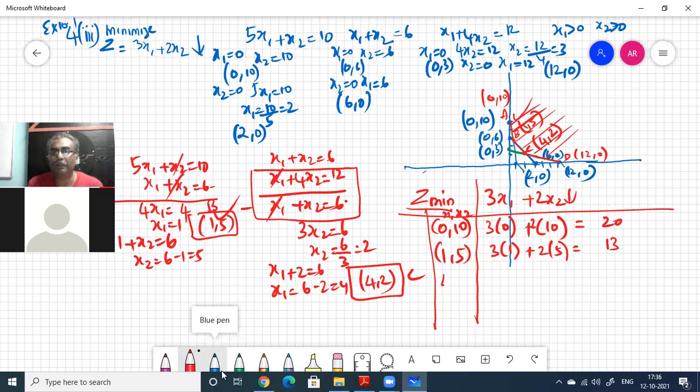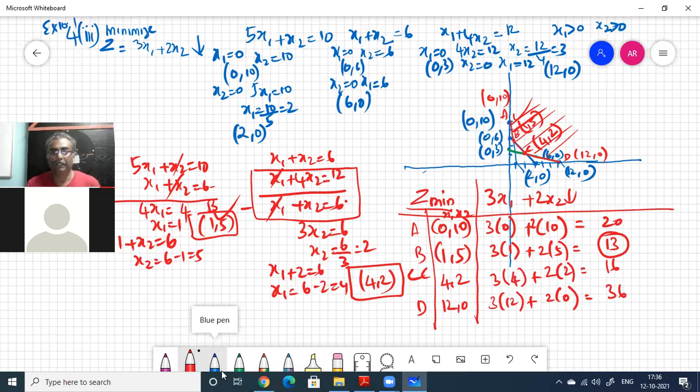Next point is 4, 2. C point. 3 into 4 plus 2 into 2. This is 12 plus 4, 16. Then next point is 12, 0. Last point. 3 into 12 plus 2 into 0. 3 into 12 is 36. Of this, which is minimum? 13 is minimum.